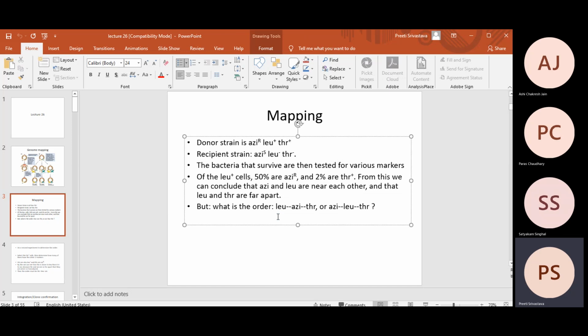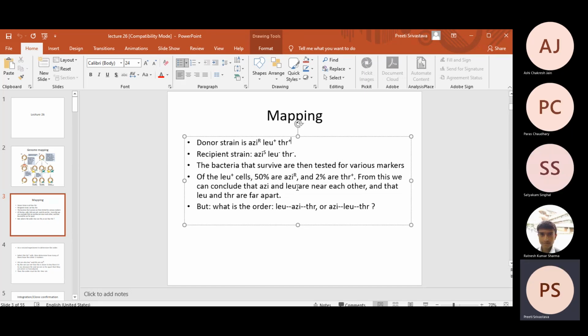Then you score for the phenotype. In this case, the observation was that out of the 100% cells which were Leu plus, only 50% gave azithromycin resistance, and only 2% gave threonine plus. So that means 100% Leu plus, 50% Azi, and 2% threonine plus.